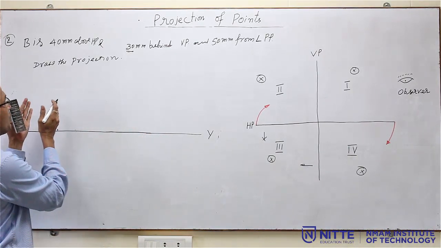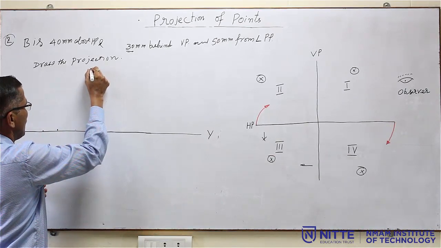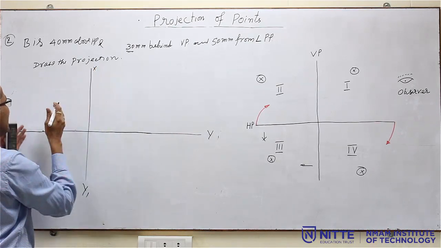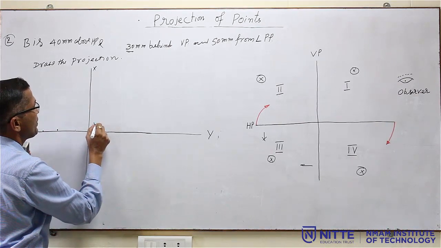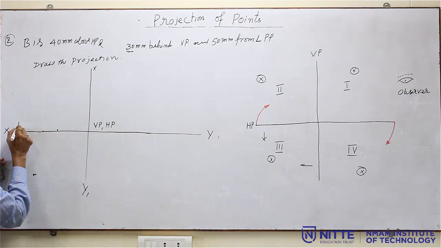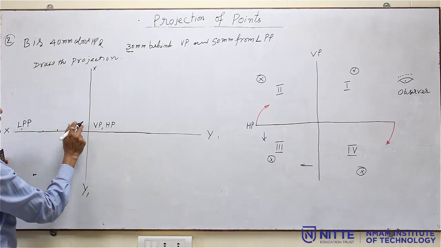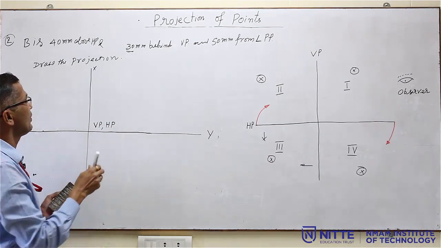That means the profile plane should come to the left and the remaining should be on the right. So, you have to draw the x1, y1 here, and this will be the profile, and the HP and VP will be here. So, you have to write VP comma HP here, and this is LPP. You can write it here or you can write it here also. The remaining procedure will remain the same.